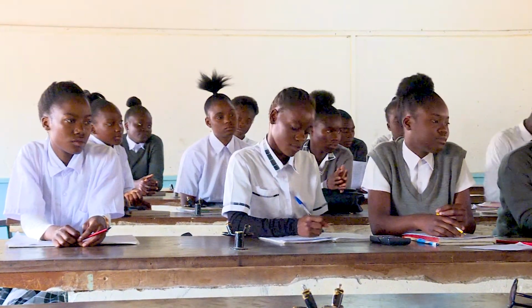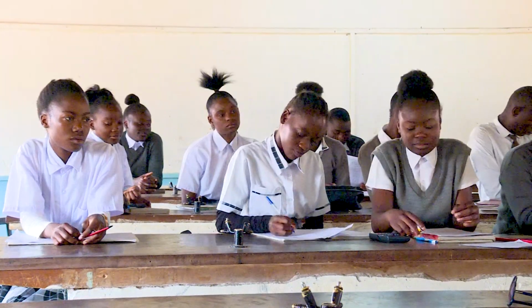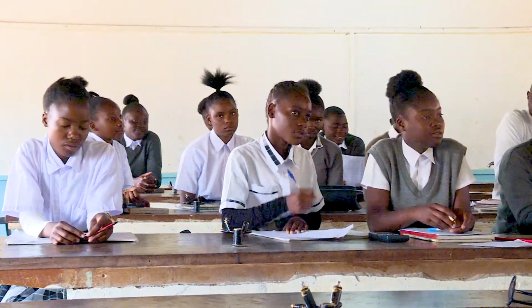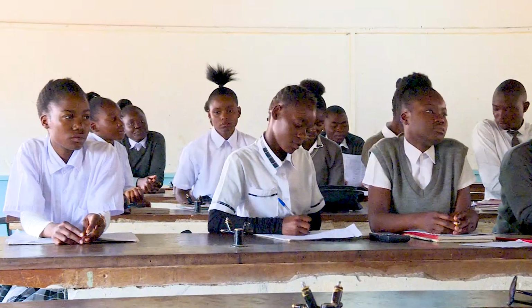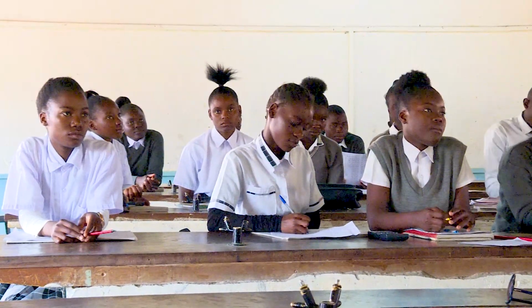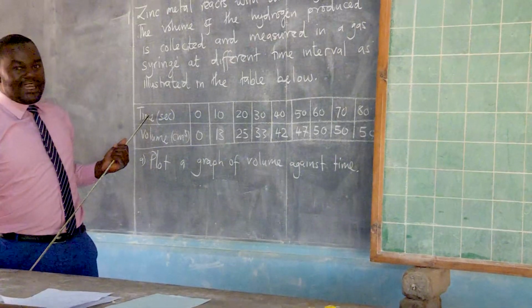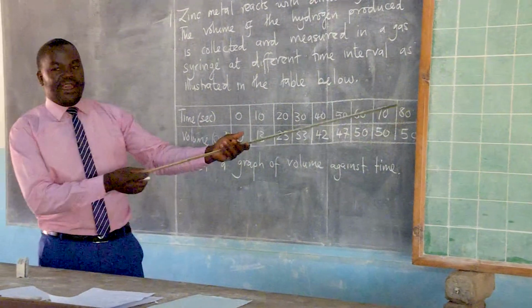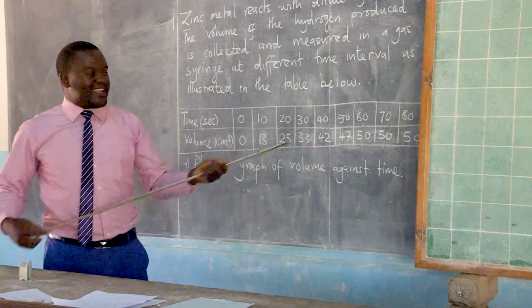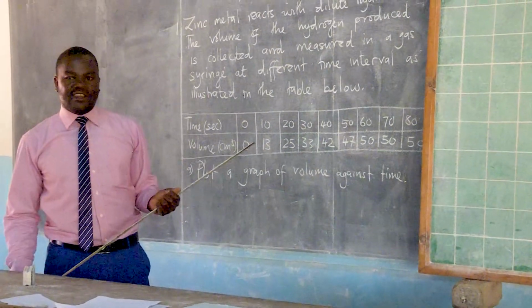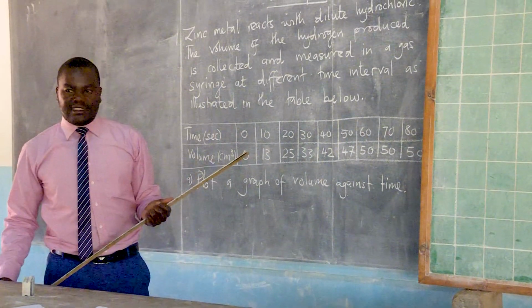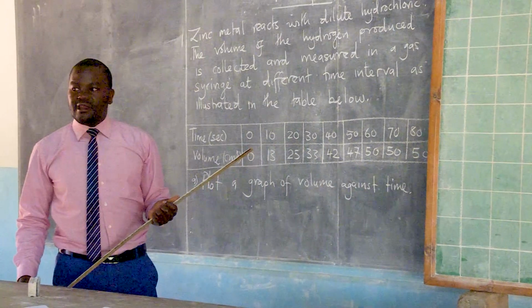We want to come up with the scale. Are we together? Okay. So now we look at time, which is along the x-axis. So what is the biggest number that has been given along the x-axis? 80.